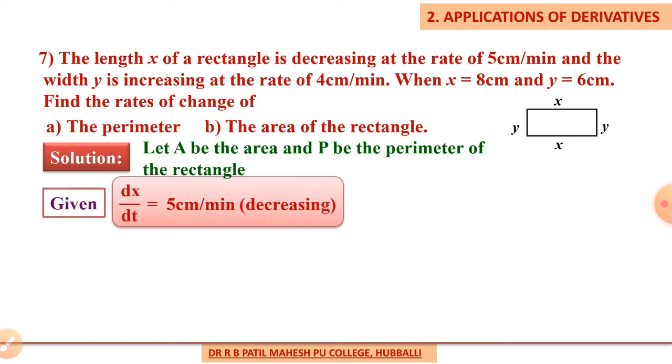Now the given term is dx by dt, because in this example the length x of the rectangle is decreasing, that is the change in length at the rate of 5 cm per minute. So here dx by dt is equal to 5 cm per minute.